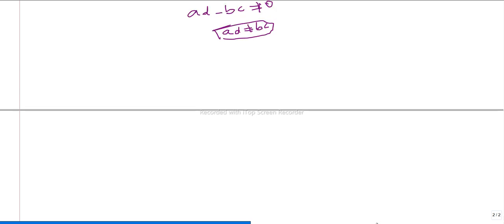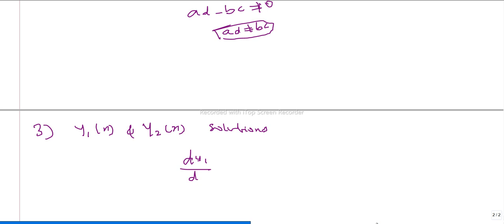Okay, so the third problem: suppose y1 of x and y2 of x are differentiable functions, solutions of the simultaneous equations. So y1 is a solution of this equation, dy1 by dx minus y1 minus y2 equal to e power x.